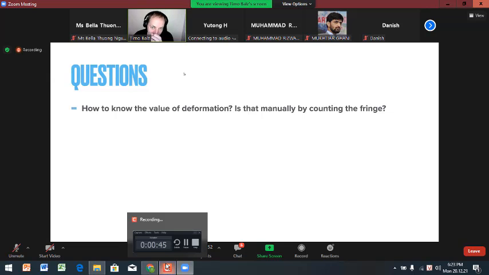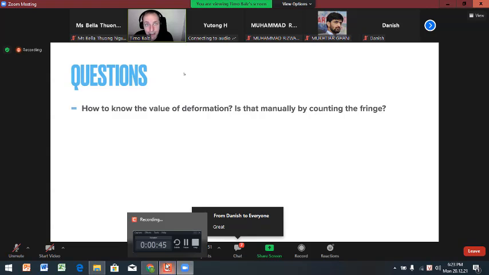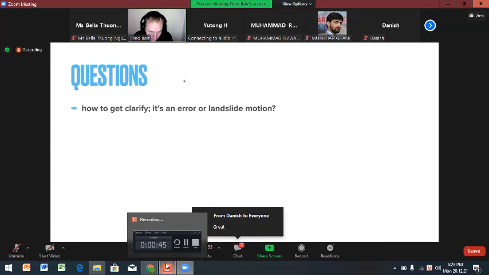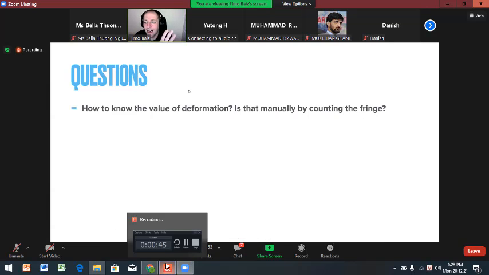Okay. How to know the value of deformation? Is that manually by counting the fringes? Well, ideally no, right? I showed you that by counting the fringes you can do it manually, right?